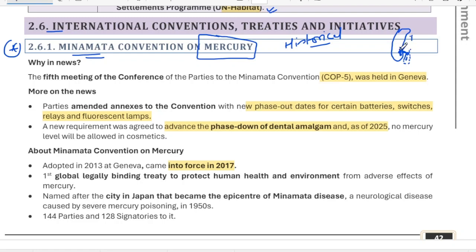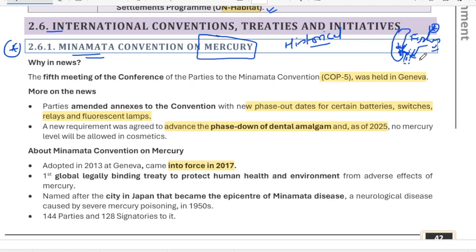When researchers and scientists learned the cause of the sickness, they found that the fish coming from this sea were the main reason for it.